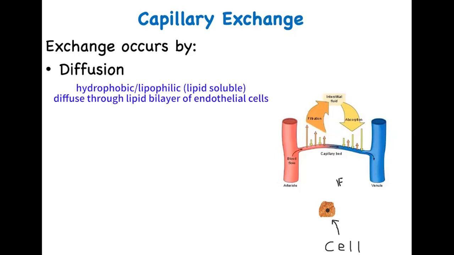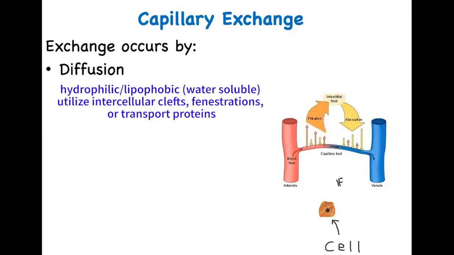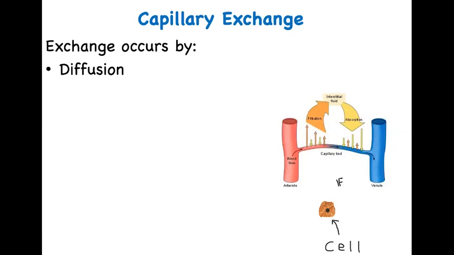If a substance is hydrophobic, it can diffuse right across the plasma membrane or the endothelium of the capillary bed. If it is hydrophilic, it will diffuse using transport proteins, or diffuse through intercellular clefts. These are the spaces between the endothelial cells.